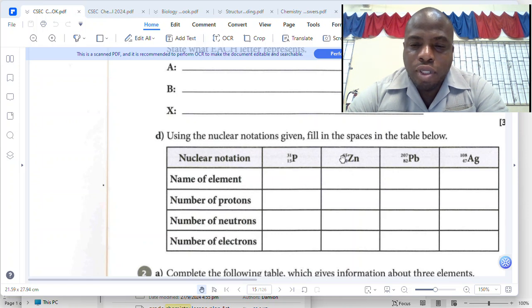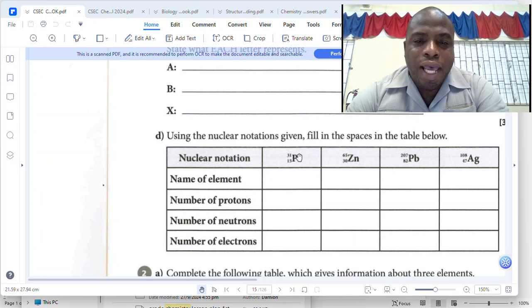Are you able to tell me how many protons there are for zinc? Yes, correct, 30. How many protons for lead? Definitely 82. How many protons for silver? You got it right, 47.